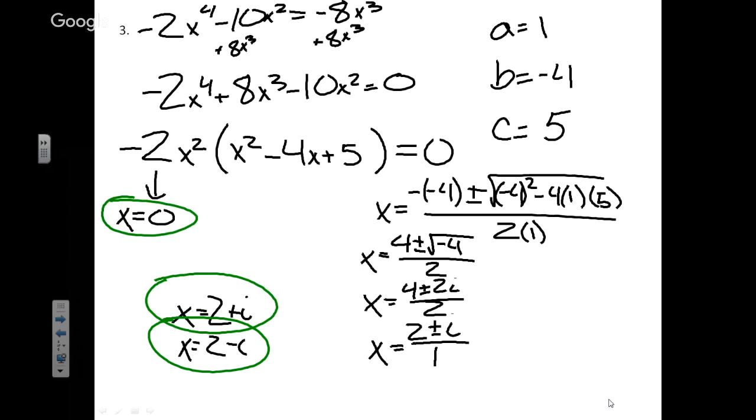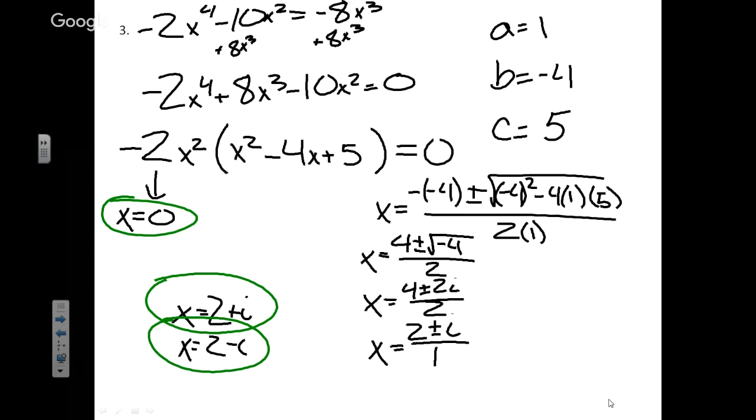Do you guys have one more? No. Oh. That's okay. So apparently I was looking at one from last year that had an extra one. So you guys don't have an extra one.